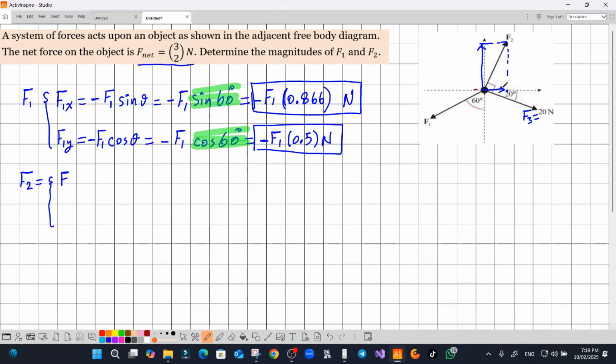As we can see, both point in the positive direction. This is why for F2x and F2y, we will have positive here and positive there. Later, you will get familiar with these orientations and no need to evaluate it in this way.